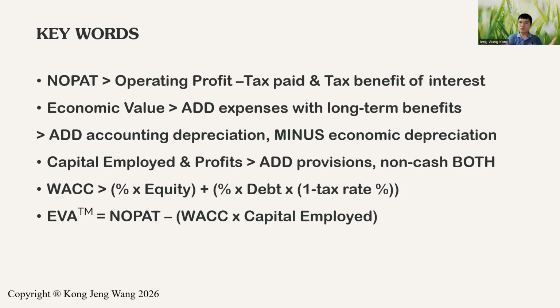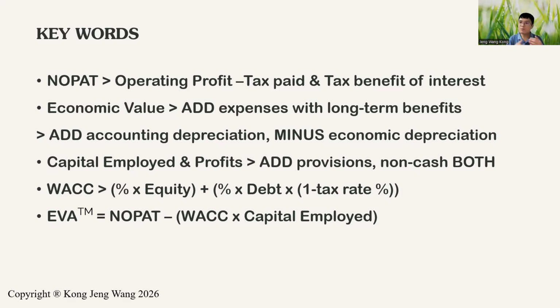The terms economic value is very important in this EVA, economic value added measurement. Economic value here means add expenses with long-term benefit, which means whatever expenses can generate long-term benefit to the company, you need to add those to the operating profit.